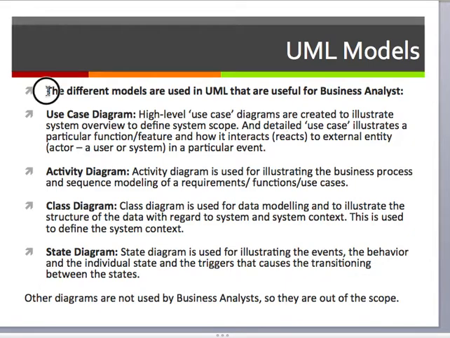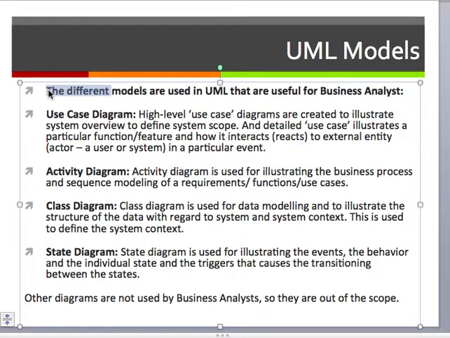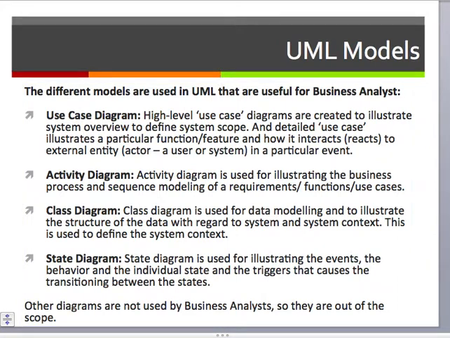Now here, there are different types of models in the use cases. There are many, but in our syllabus, from the business analysis perspective, we will do only four. The use case diagram, that is, high level use case diagrams are created to illustrate the system overview, to define system scope.